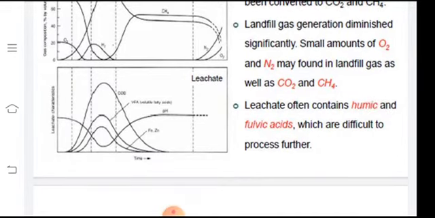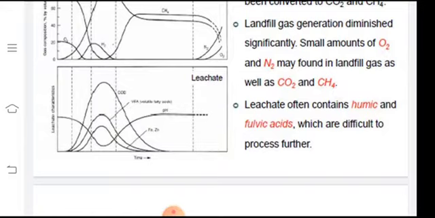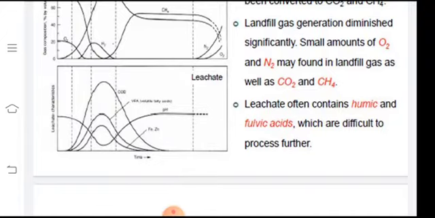As long as the decomposition process continues, the gases will be continuously produced. We will be required to continuously maintain control of these gases. And if these gases are not produced, that means that the process of decomposition has stopped.